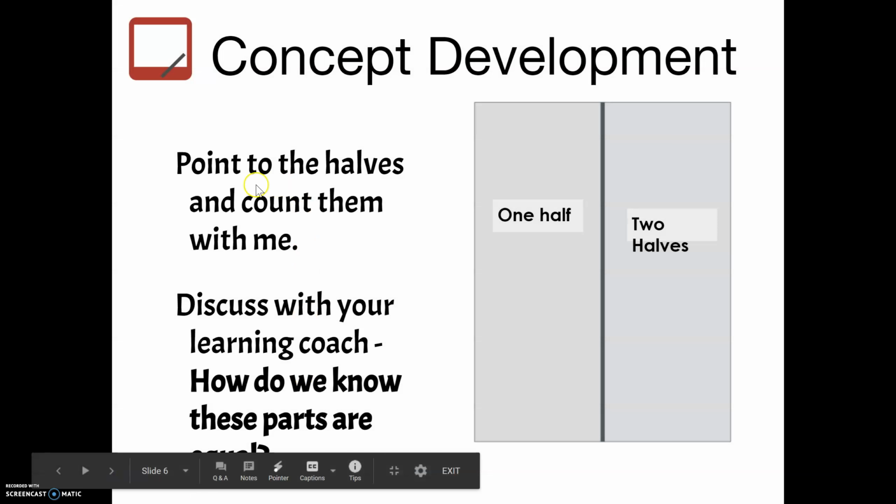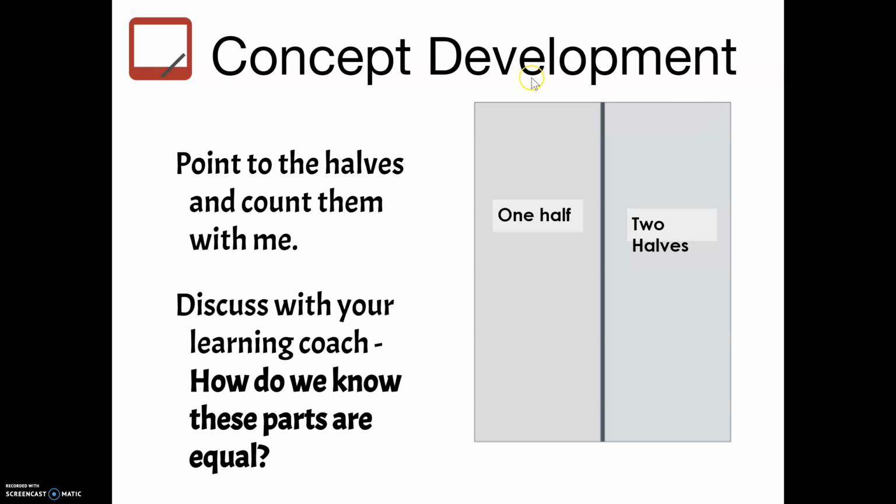We can actually count our halves. So if we look at what we created on our board or on our paper, each of these pieces are a half, and we can count them just like we would count. We have 1/2 and 2/2.